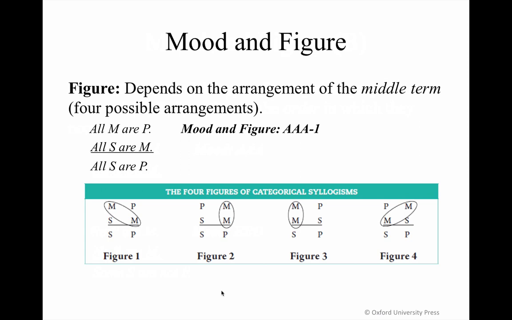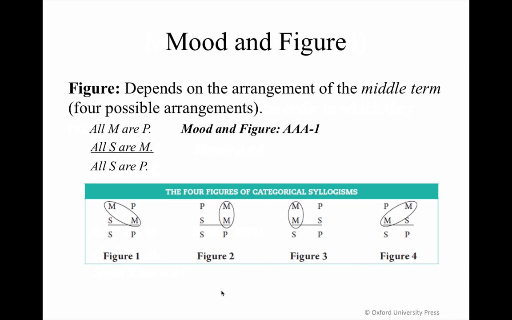But in figures 3 and 4, the minor term is in the predicate position of the minor premise. Yeah, it feels like a lot to juggle, but you'll get used to it. Just know that S is the subject of the conclusion, and that letter S appears either in the subject position or the predicate position of the minor premise.